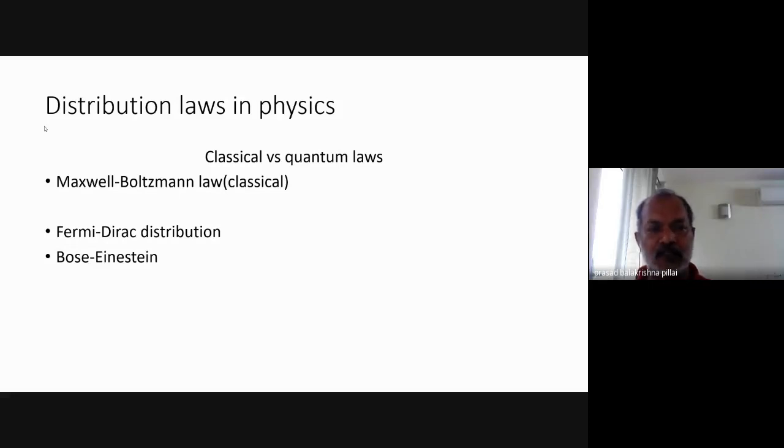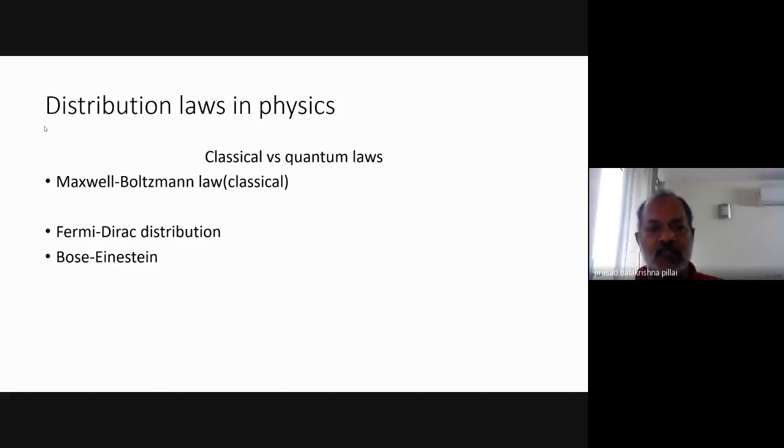Three distribution laws are quite popular. One is the classical one, given by Maxwell-Boltzmann, and the other two are quantum, Fermi-Dirac and Bose-Einstein. The important difference is that the last two are quantum mechanical distribution laws.